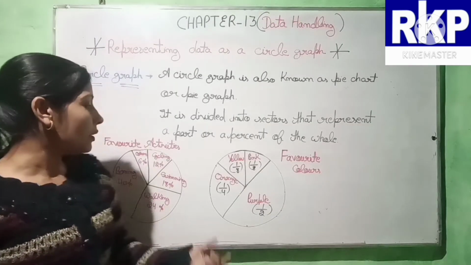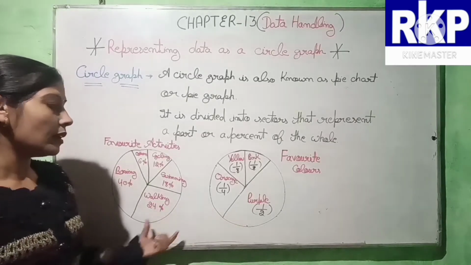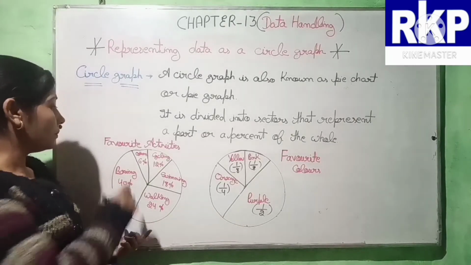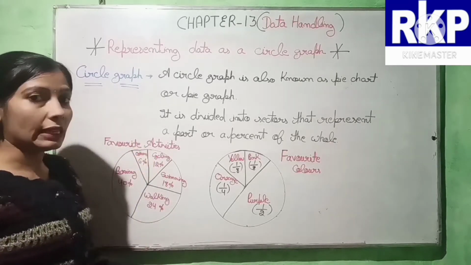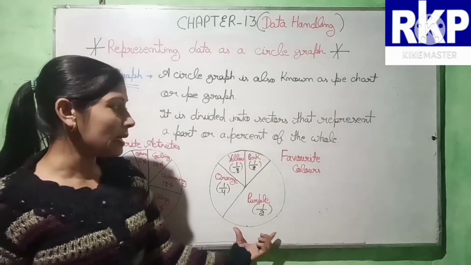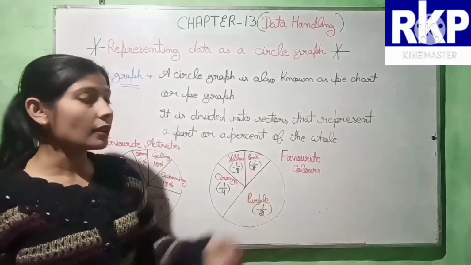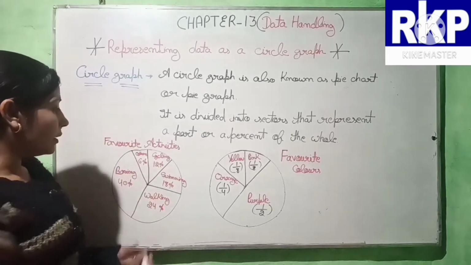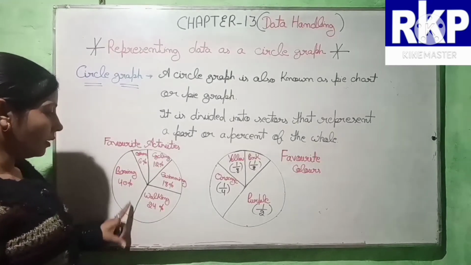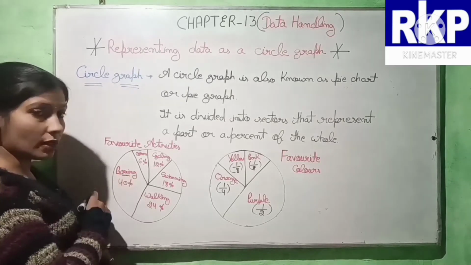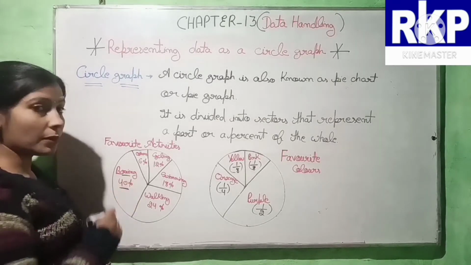Here you can see two circle graphs. This circle graph represents favorite activities for a group of people, and this circle graph represents the favorite colors for a group of students. And here you can see in this graph, boxing is 40%.